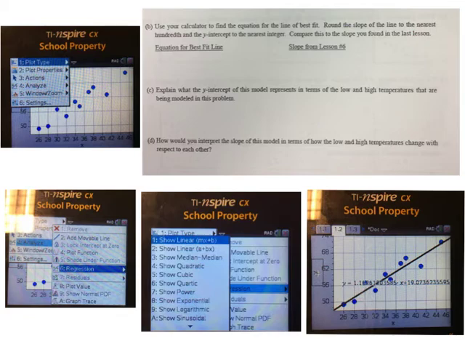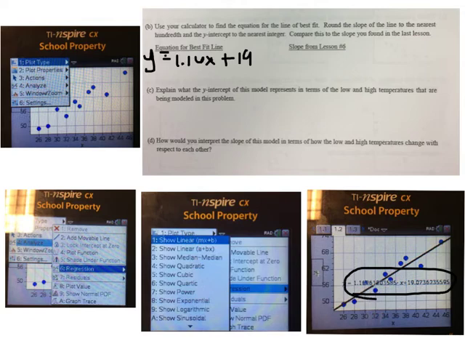So my slope is going to be, it's going to be y equals 1.16 x. And my y-intercept to the nearest integer would be 19, plus 19. So once again, my answer is y equals 1.16 x plus 19, and that is right here. That is my equation of the line of best fit.